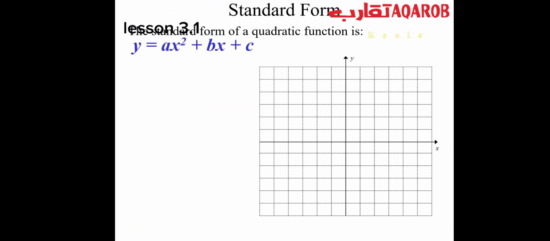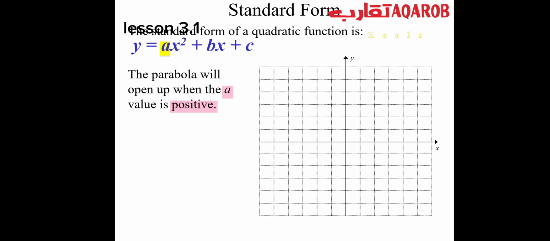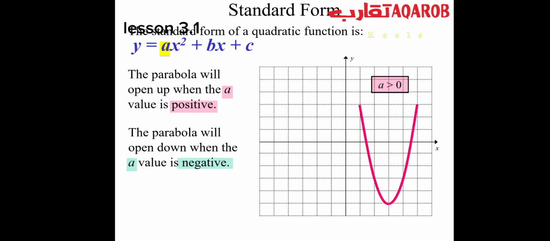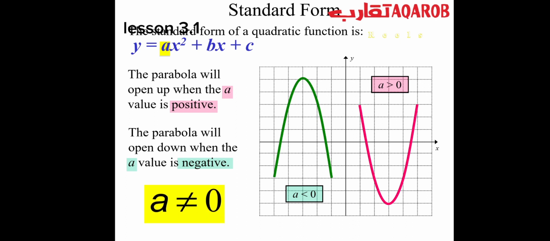Now, for example, the standard form for the quadratic function is ax squared plus bx plus c. Now, if a is positive, we can see that the graph is looking upward. If a is negative, the graph is looking down, and we said that the vertex has a maximum value, while if a is positive, the vertex has a minimum value.